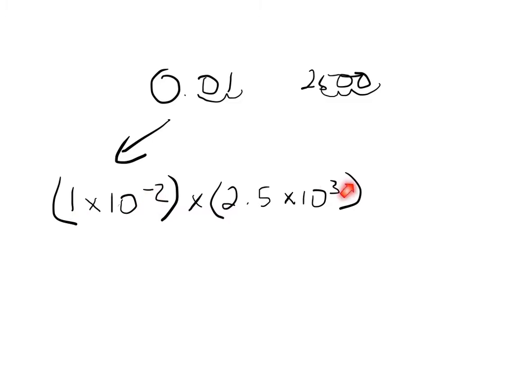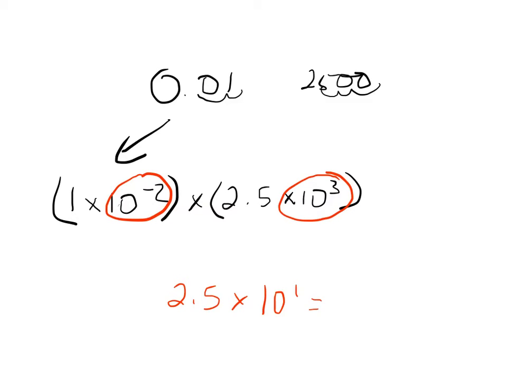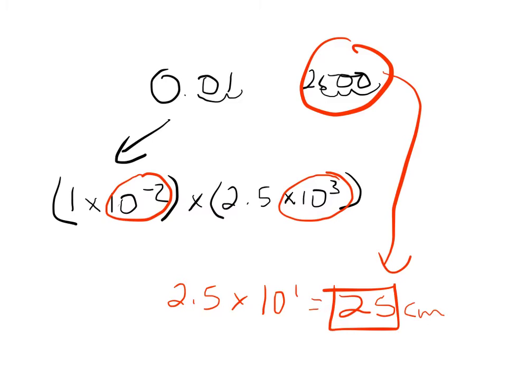We don't try to deal with the exponents first because they're both 10. That makes it nice. We can do 1 times 2.5, so 1 times 2.5 will equal 2.5. And here we have 10 to the negative 2 times 10 to the 3rd. So negative 2 plus 3 will equal a positive 1. So 10 to the 1, which will be a 10. So my answer is 25. So 2,500 sheets of paper will be 25 centimeters tall.